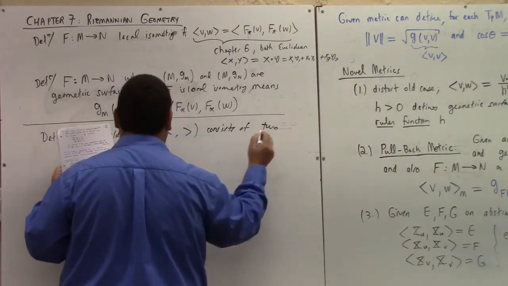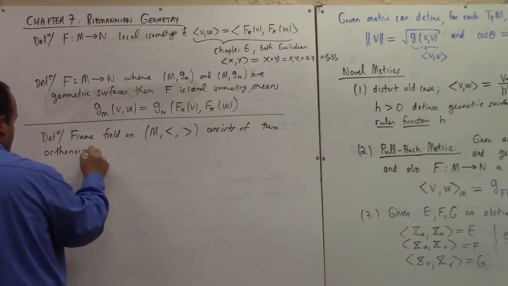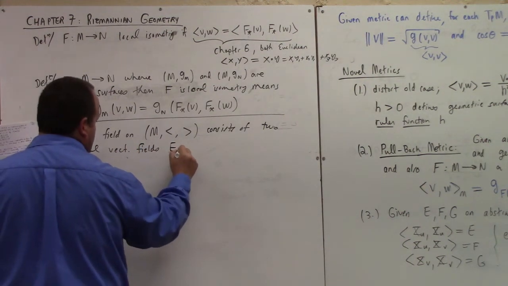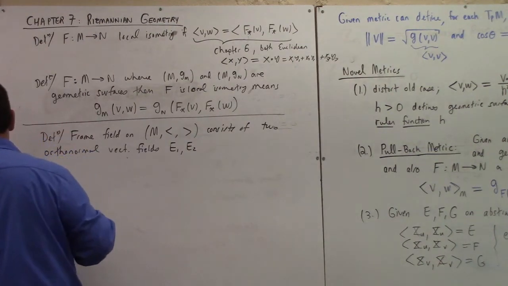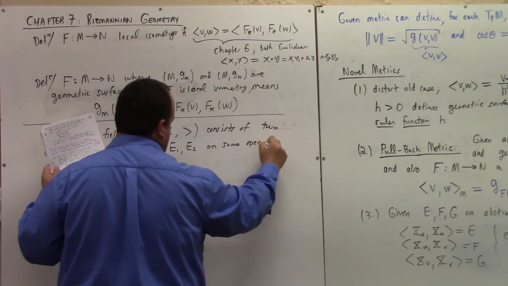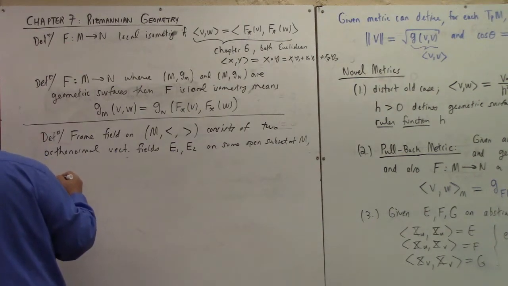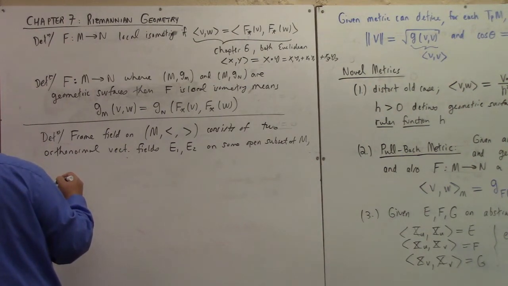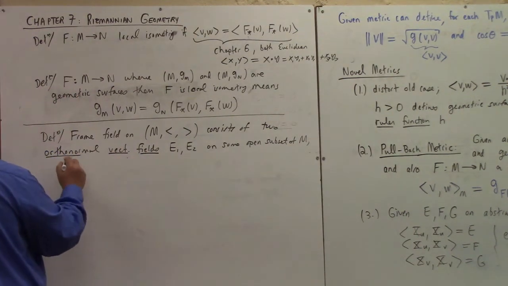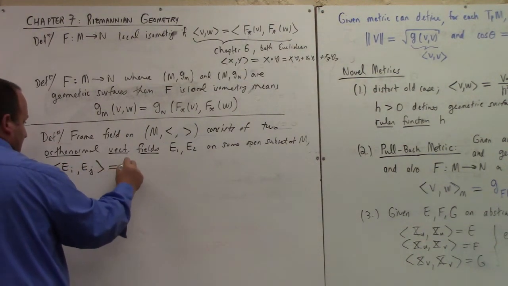A frame field on this consists of what? Two orthonormal fields, typically denoted E1 and E2, on some open subset of M. And in particular, when I say orthonormal vector fields, that means in this context that the inner product of Ei and Ej is the Kronecker delta ij.